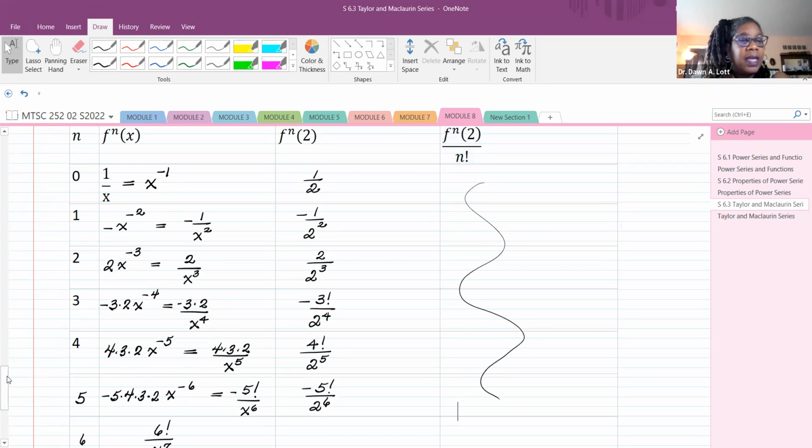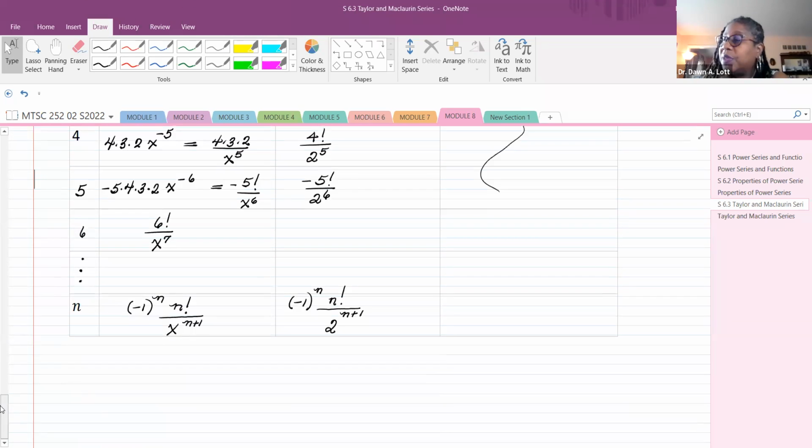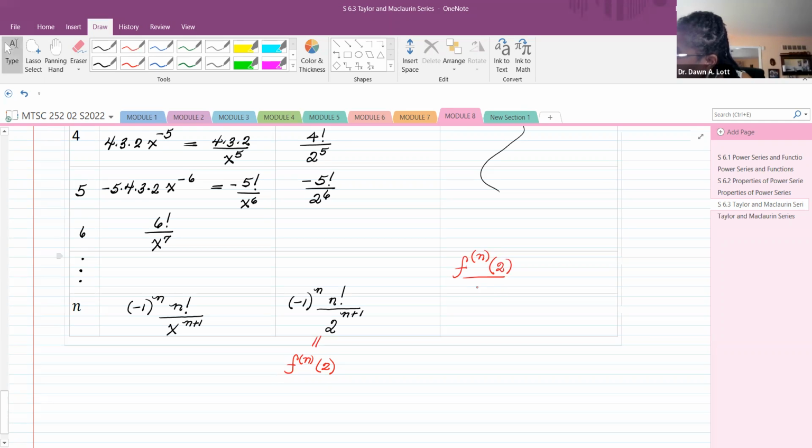We can come right down here, because this is the nth derivative at 2. And what I need over here is the nth derivative at 2 divided by n factorial.